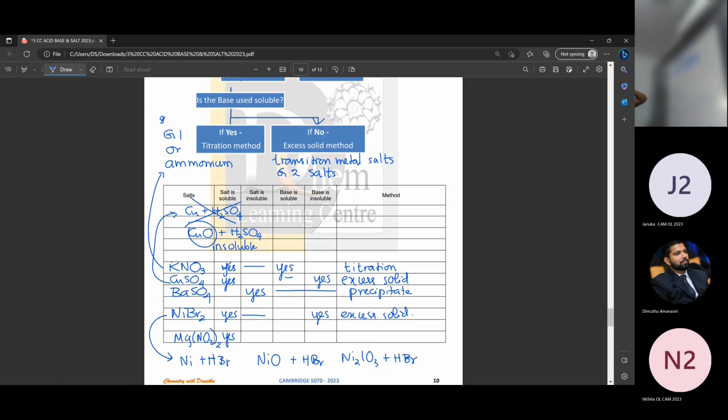Potassium nitrate, group 1, titration. Much faster. Copper sulfate, transition metal, soluble one, excess solid method. Barium sulfate, insoluble, precipitation. Nickel bromide, transition metal salt, excess solid method. So much faster, right? So why don't you write those rules down.